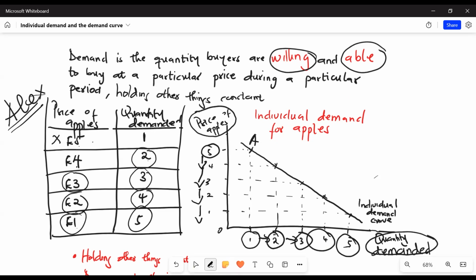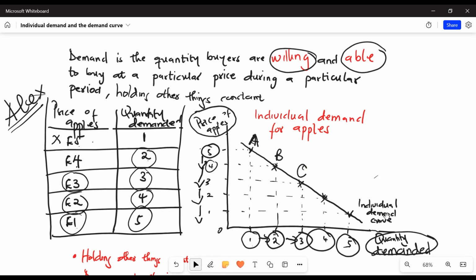So these points on the demand curve show the various quantities of apples that Alex buys at the various prices. Point A shows price is 5 and quantity is 1. Point B shows price equals 4, quantity is 2.